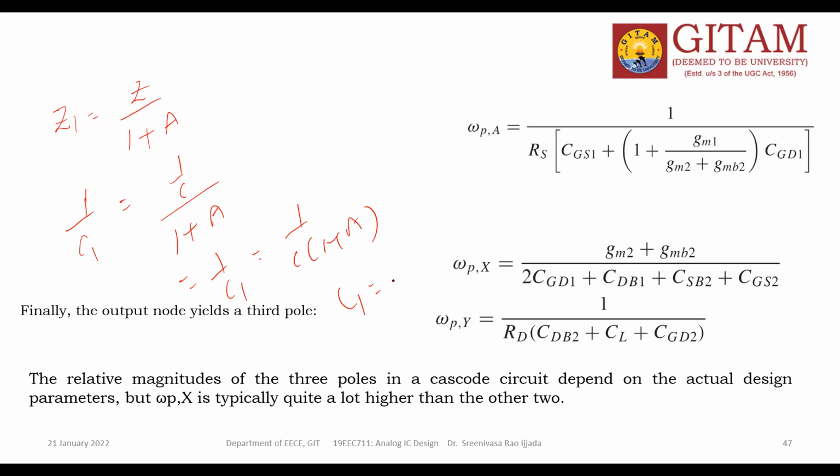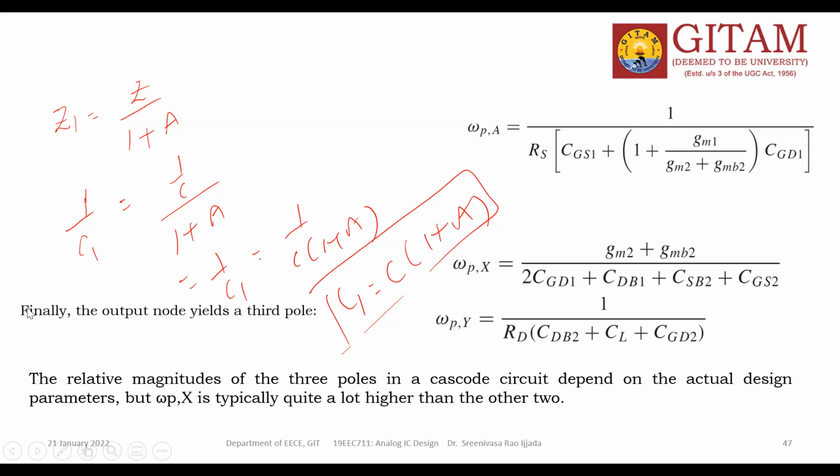Simply C multiplied with 1 plus A. This is called the Miller multiplication of the capacitance. Input capacitor is always the Miller multiplication of the capacitor.